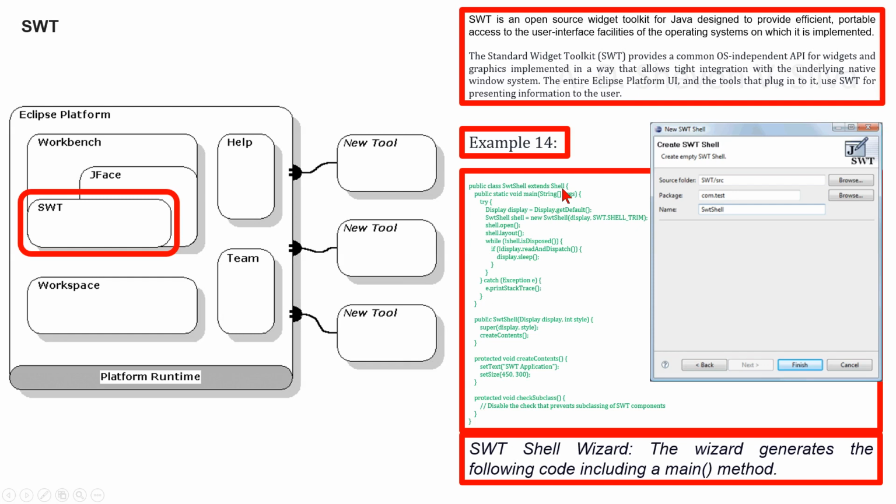Custom or third-party controls may be added via the choose component command. Disable the check that prevents subclassing of SWT components.